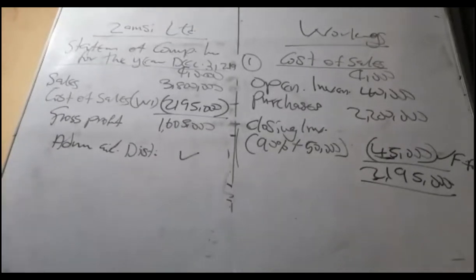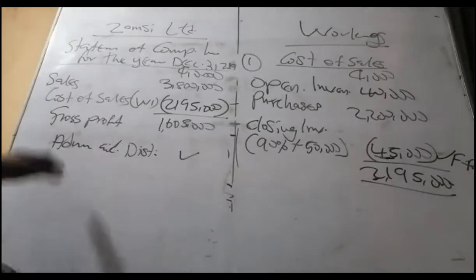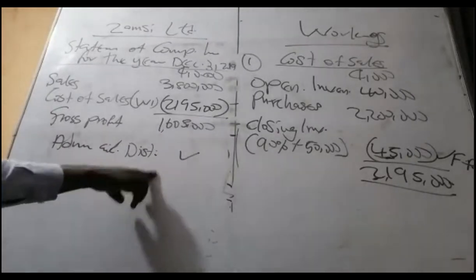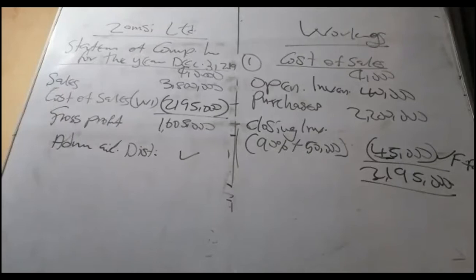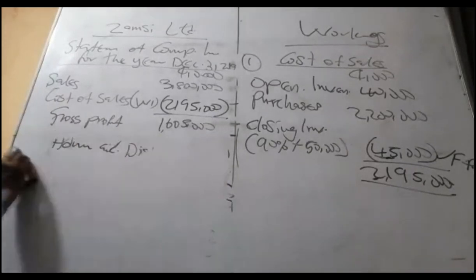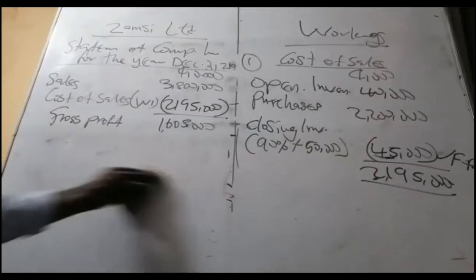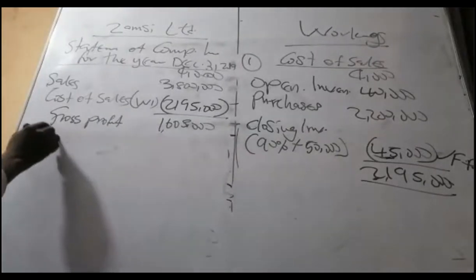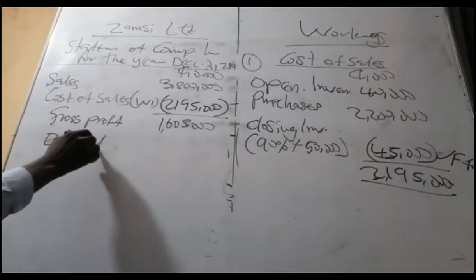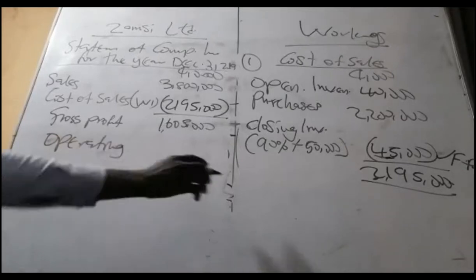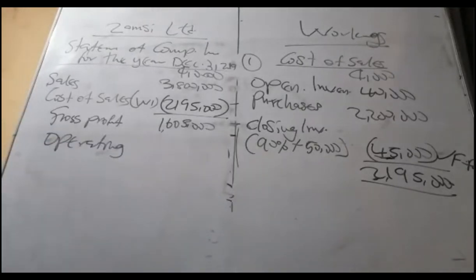Now you get it correct. And then we have another name that we call it: operating cost. So administrative and distribution costs collectively coming together, we call it the operating cost. Good. So either you write the admin and distribution cost, or you call it operating cost. Go and do one workings with all the expenses, and you are done.